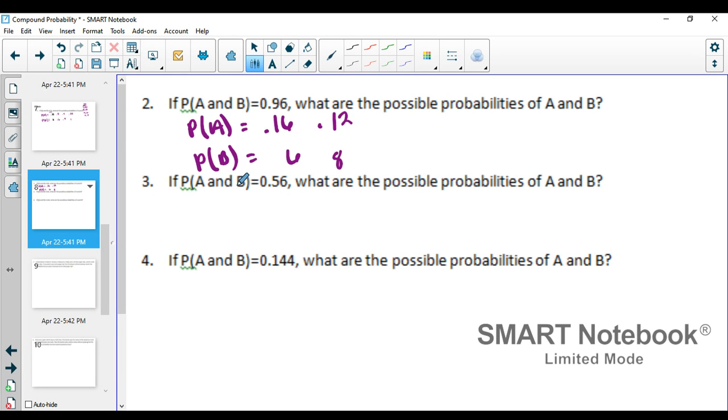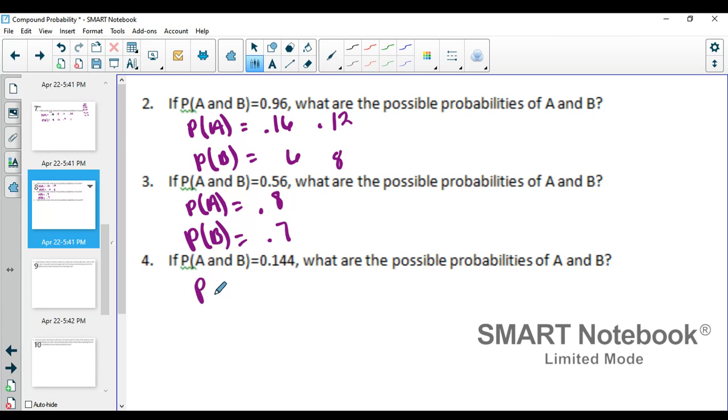So for the next one, we have the probability of A and B is 0.56. So two numbers that multiply together to get 56 are 8 and 7. We'll just start there. So 0.8 and 0.7. Those ones are easy right off the bat. Boom.